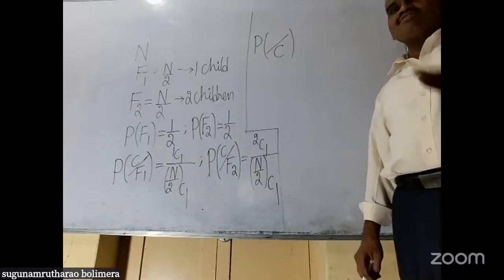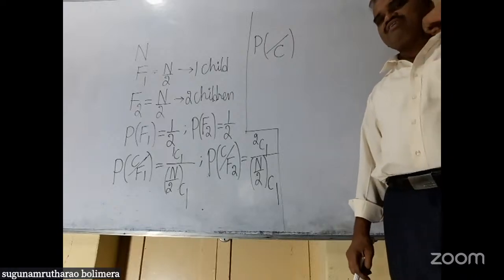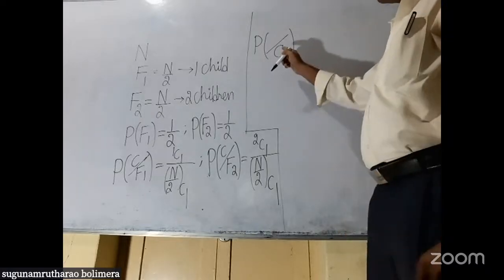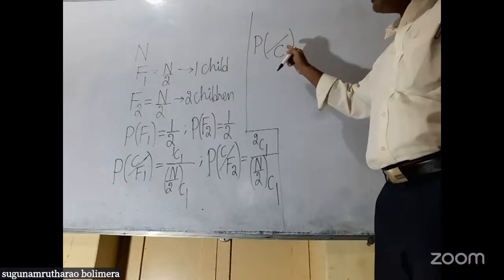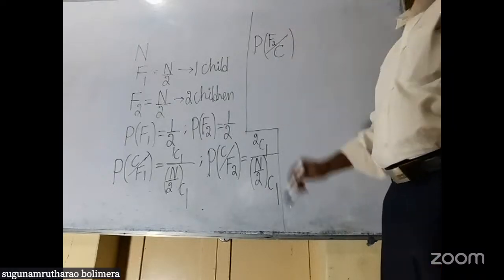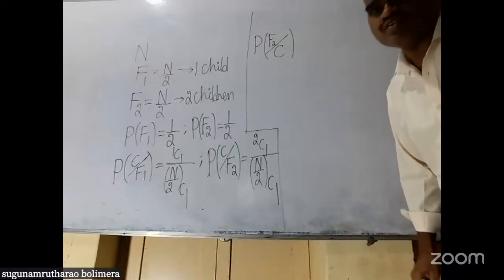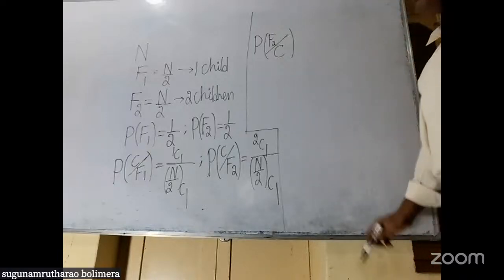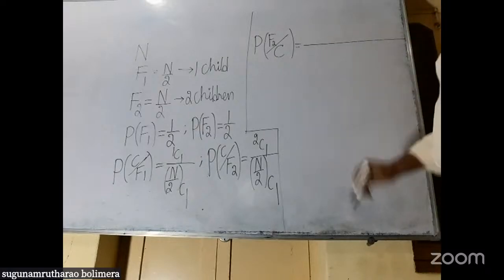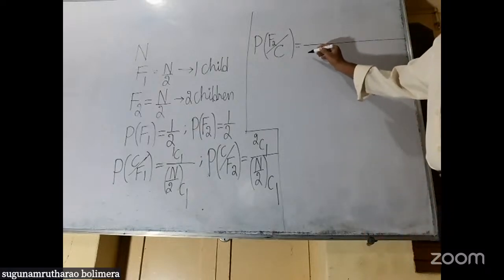F2, because sibling means brother or sister. So you have taken a child that must be from F2.